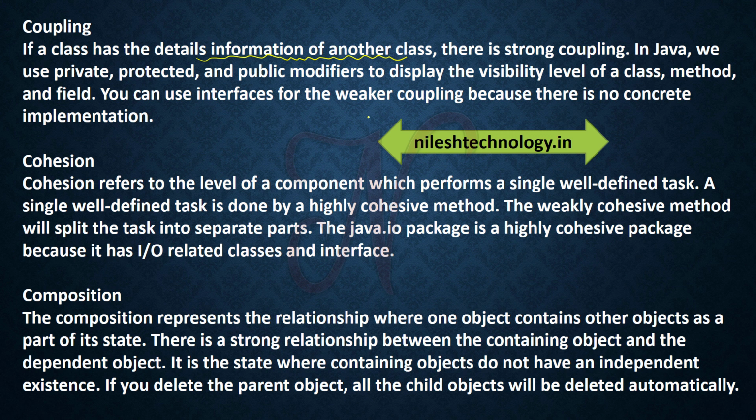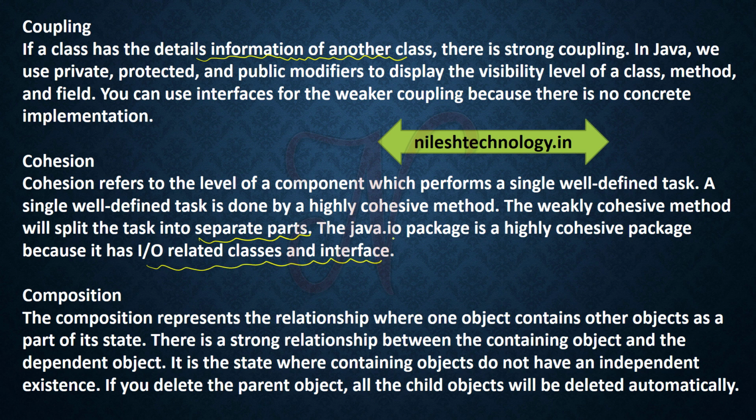Next, cohesion. It refers to the level at which a component performs a single well-defined task. A single well-defined task is done by a highly cohesive method. A weakly cohesive method will split the task into separate parts. The java.io package is a highly cohesive package because it has IO-related classes and interfaces.